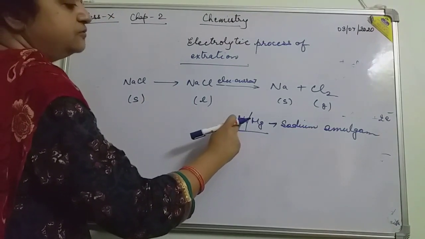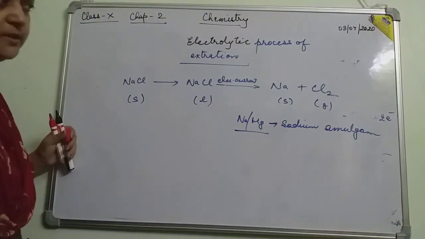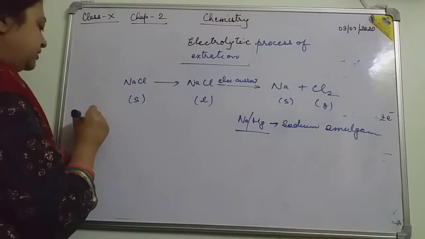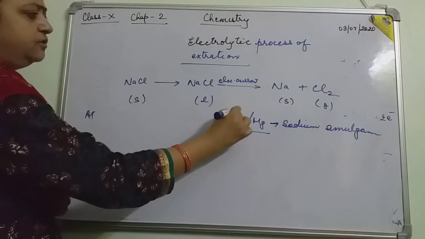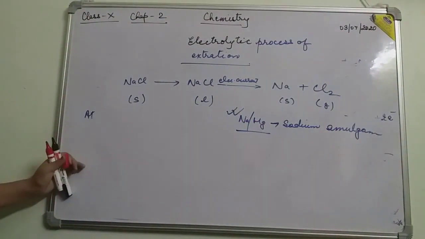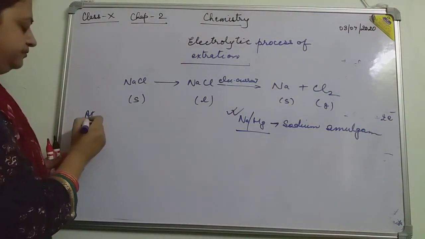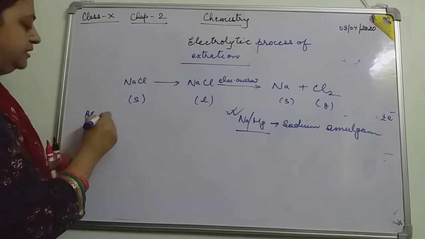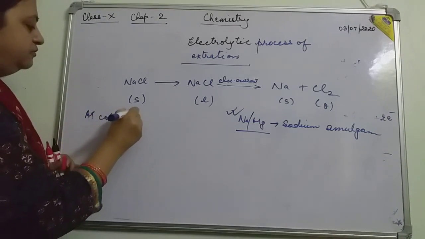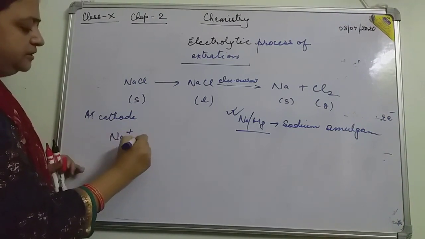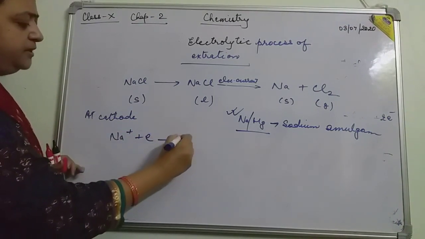A solution of sodium over mercury. This is only for your competitive exams. At cathode, what reaction occurs? Na+ gains one electron and becomes sodium.